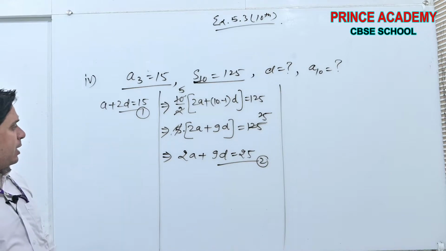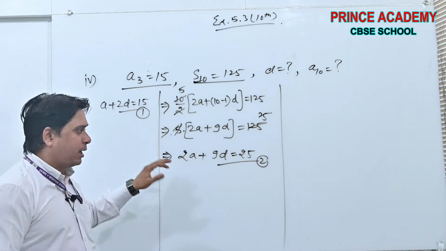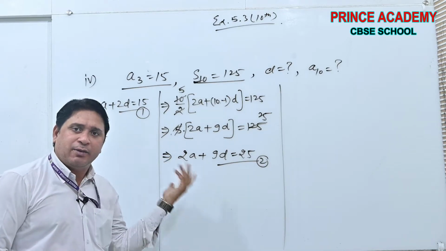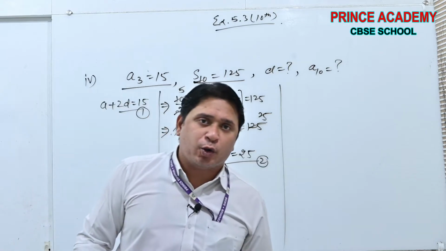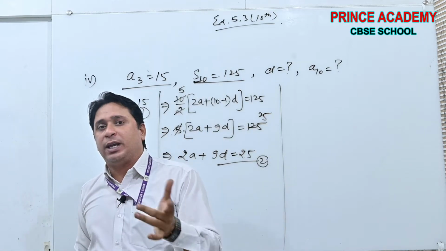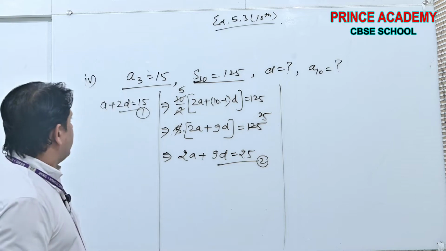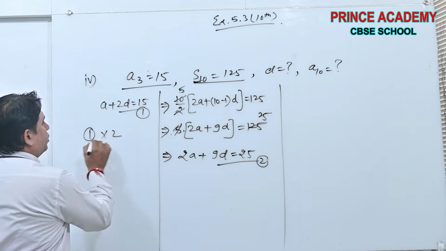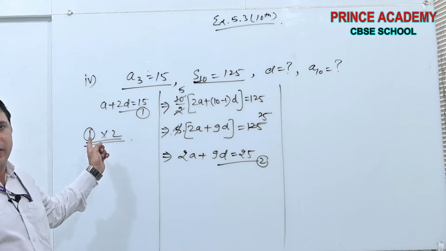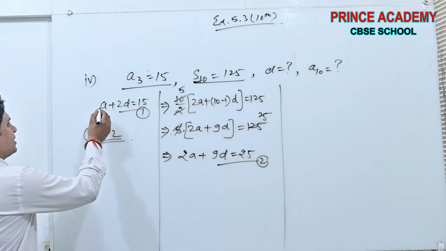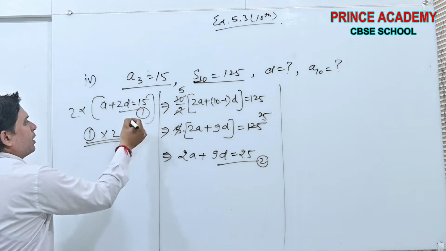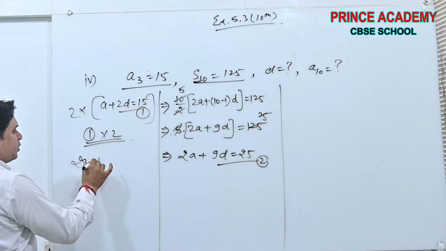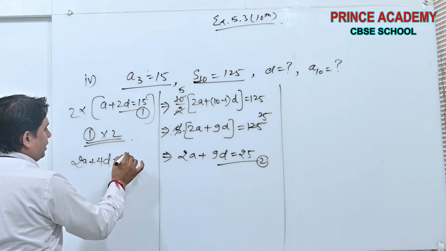But if we observe, if we apply subtraction here, A or D will not be removed. It's your choice whether you want to remove A or whether you want to remove D. Okay. Now to remove this, I am multiplying equation 1 with 2. What will happen? See beta, into 2 the whole equation. 2A plus 4D is equal to 30.